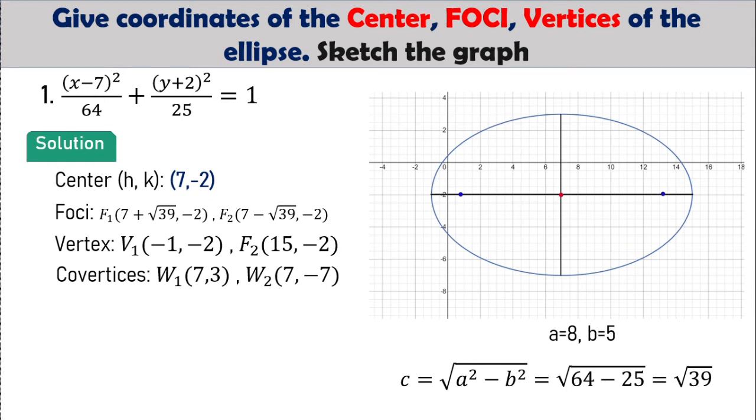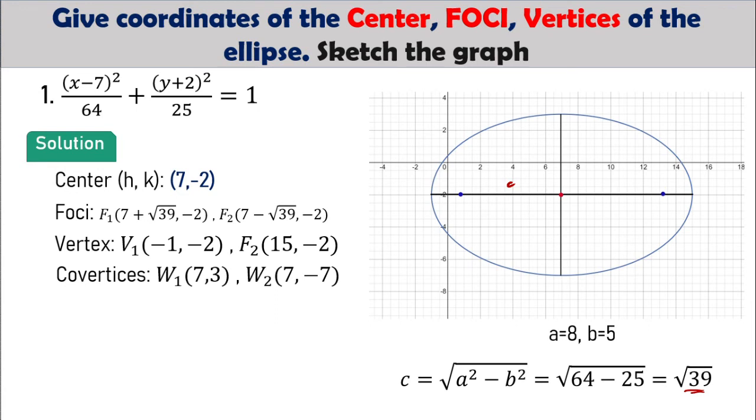As I said, the focus is the C, which is the square root of 39. From the center, we subtract the square root of 39 from the abscissa of the center. That's why we added.